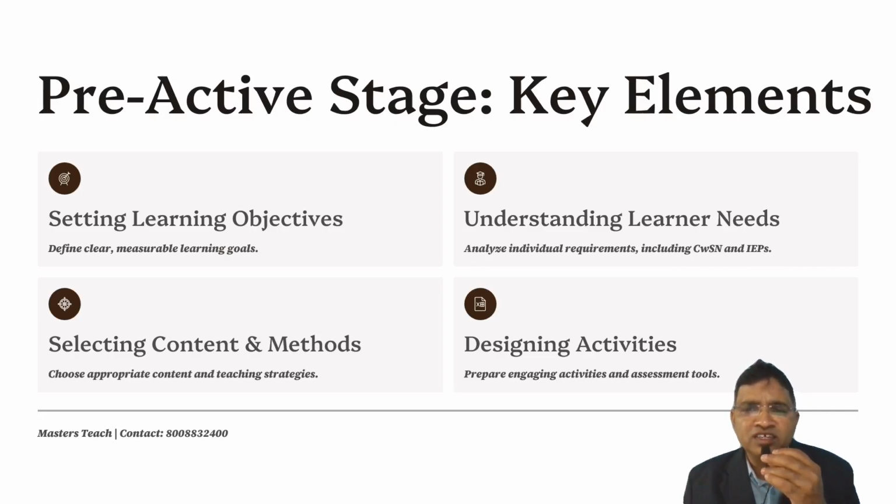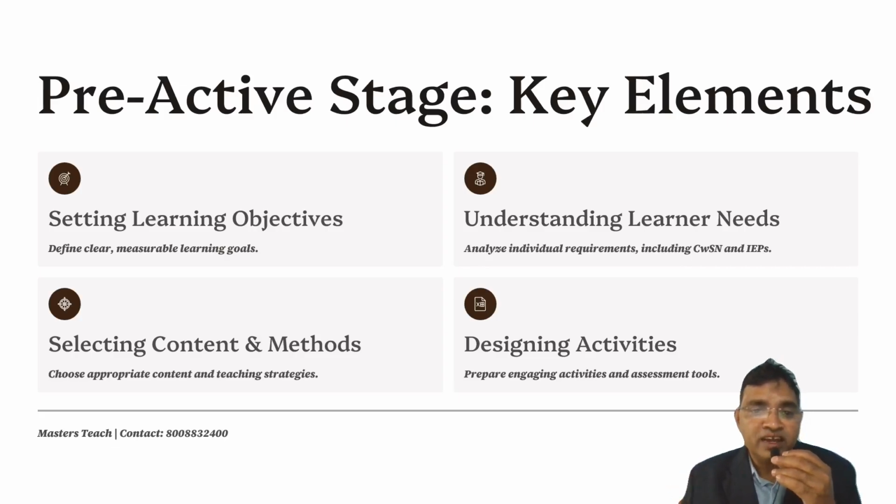Second, understand the learner needs: analyze individual requirements, including children with special needs and individual education plans, because you are going to have children with different impairments, like visual impairment, hearing impairment, and mental retardation. You have to plan accordingly. The individual education plan is very essential. You have to understand the needs of the whole classroom.